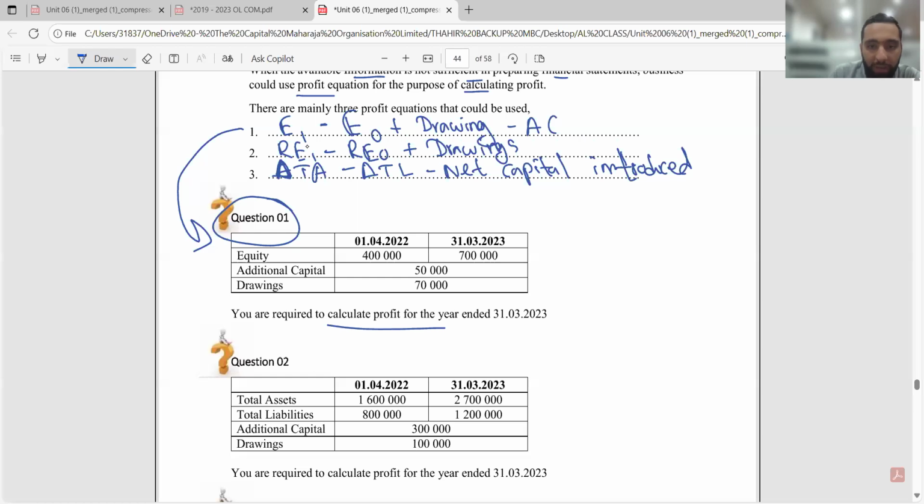E1 means closing equity. E0 means opening equity.